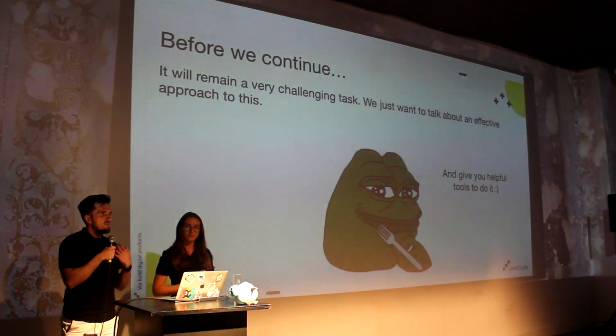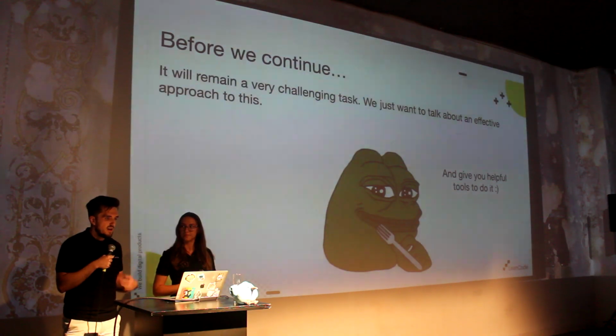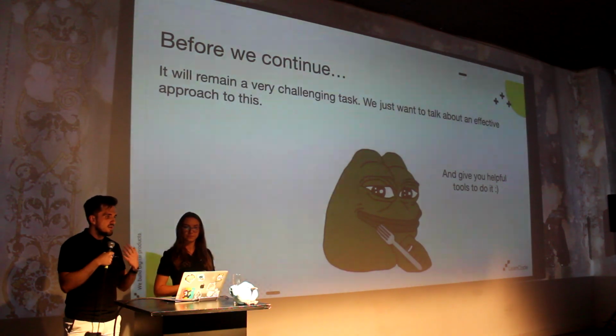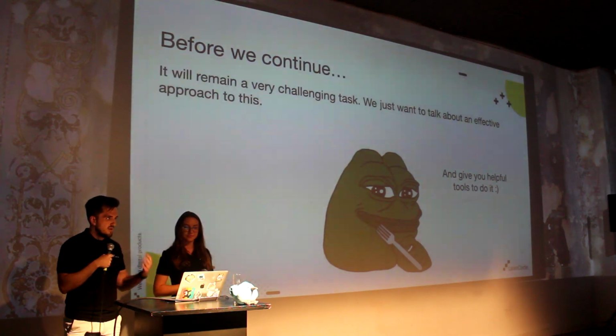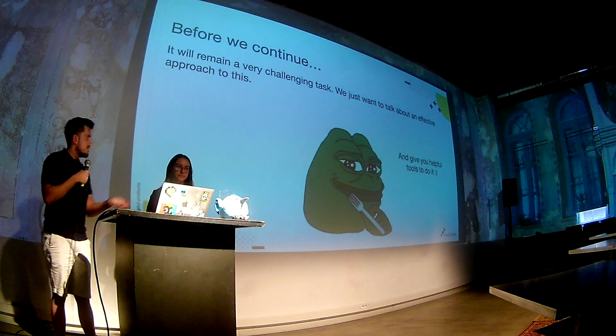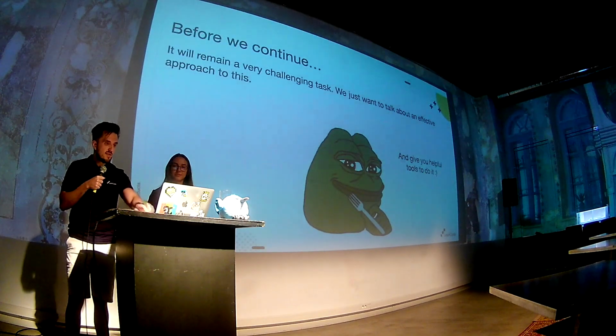So we're not here to deny the challenge of this task. The big burger is still a big burger. We want to show you an effective approach on how to take a bite out of this burger and start refactoring those big projects, and give you helpful tools to do it, like a fork. A fork is always there for big burgers.